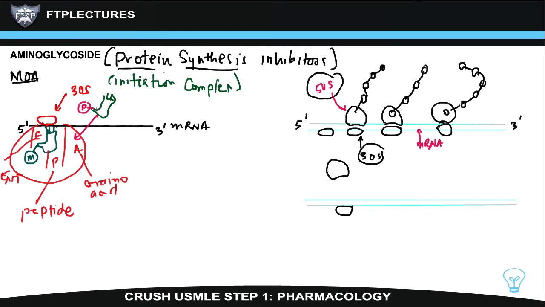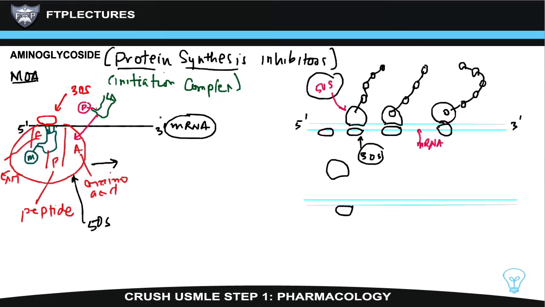Now, once the initiation complex is formed, the next step is called the elongation stage. And elongation simply means that the 30S and the 50S subunit, which I forgot to label here, form the complex, and they will elongate by moving along this messenger RNA.